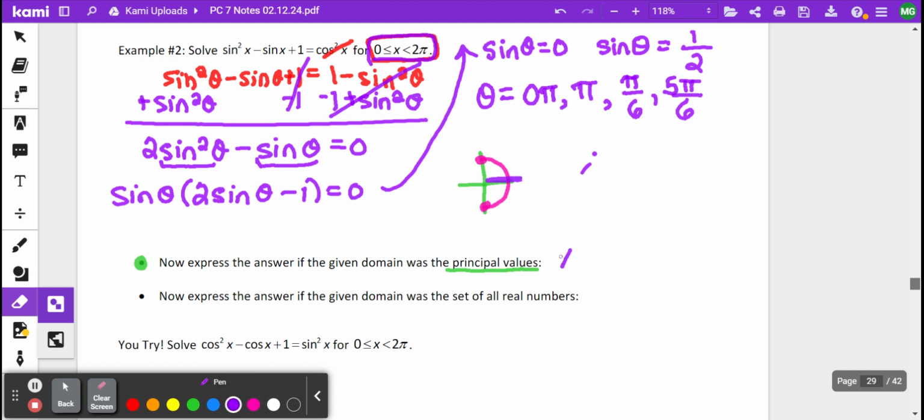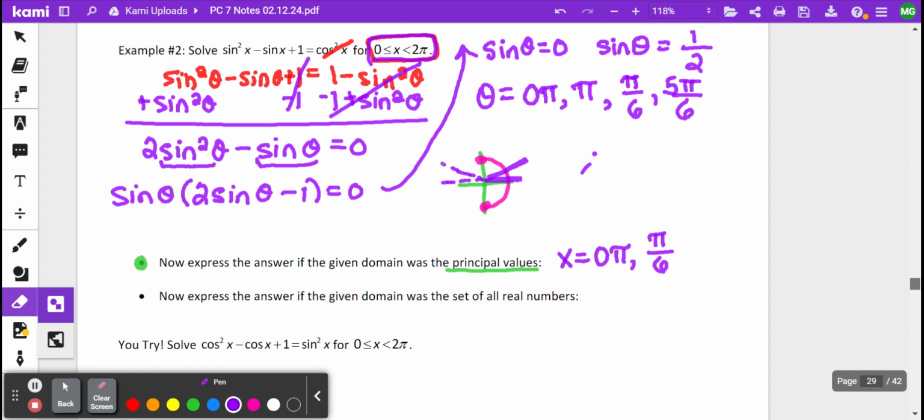So that's certainly one of our answers. 0, or you could put 0 pi, whatever you're comfortable with. Pi is over here. That's outside of our domain. Pi over 6 is right here. So that certainly works. 5 pi over 6 is also in the second quadrant, outside of our domain, so we ditch it.